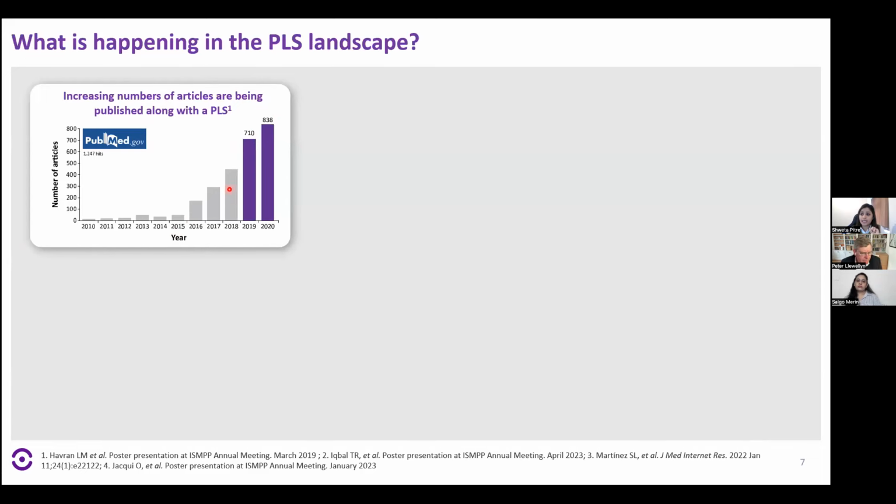It started picking up in 2018. That's when we started working on it. In 2020, we had around 838 articles published along with a PLS. And I am sure this number has escalated 3x in the last 3 years.